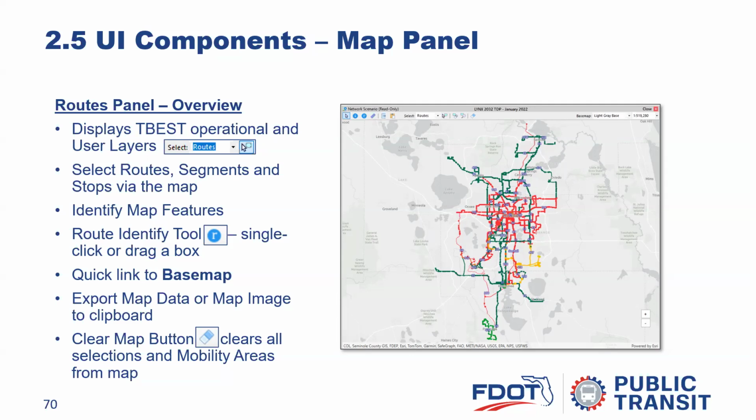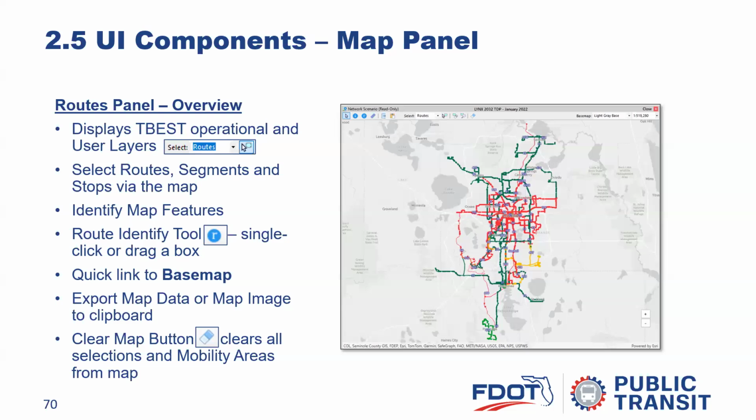You can select routes, segments, and stops via the map. You can identify map features very similar to a regular GIS identify. We also have a route identify tool, which is really handy, and it allows you to identify route patterns in a list. So you can select all the route patterns or identify them at a certain location across multiple routes.